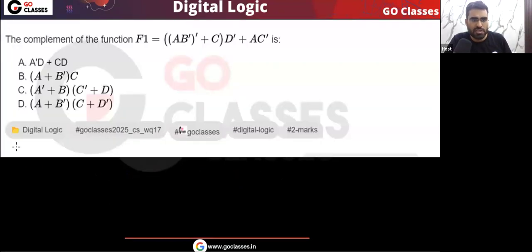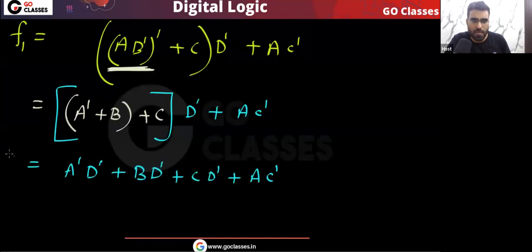Actually, what is the question asking? The question is asking the complement of this function. The question was asking what is complement of f1. Okay, but we got f1 here. But actually the question is asking the complement of f1. So can we simplify this f1 from here?